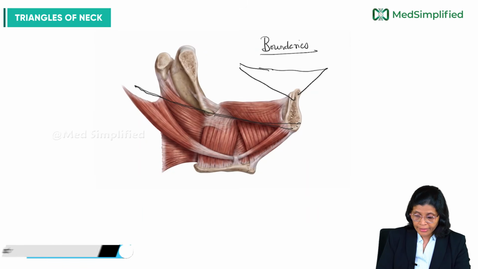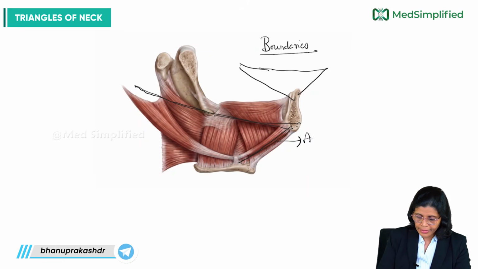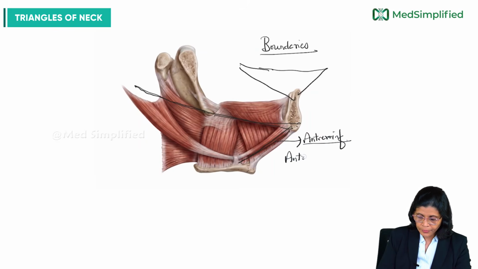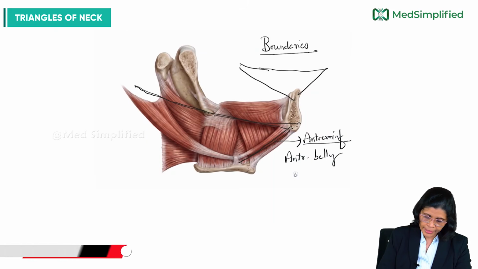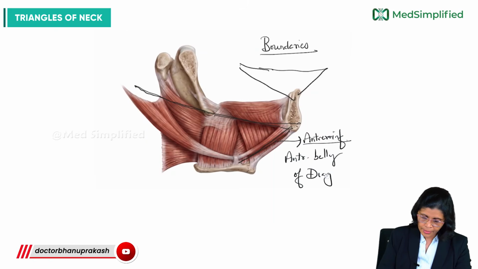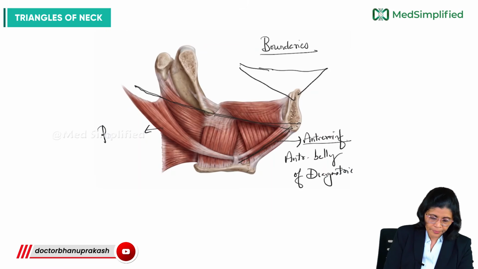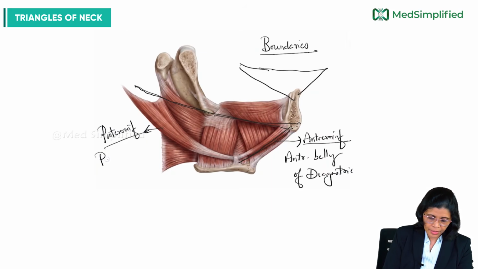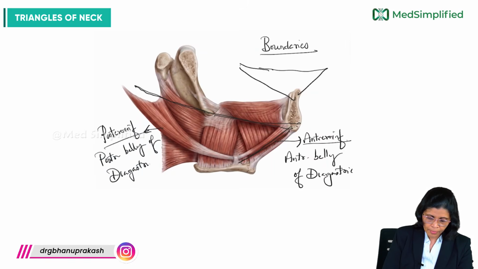Then antero-inferiorly, anteriorly and inferiorly, we have the anterior belly of digastric muscle, and posterior-inferiorly we have the posterior belly of digastric muscle.